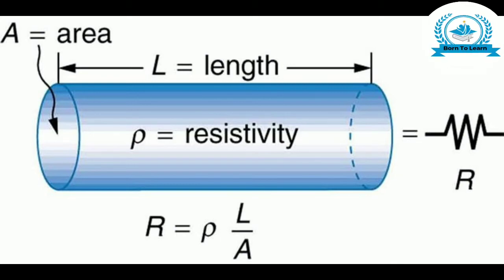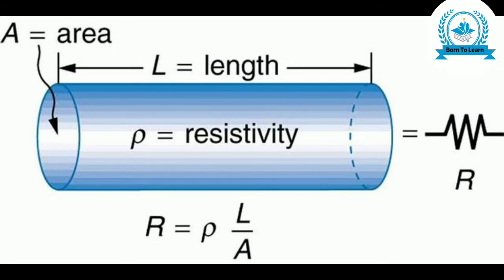Please note that a good conductor of electricity should have a low resistivity and a poor conductor of electricity will have a high resistivity. From the above table, we find that of all the metals, silver has the lowest resistivity of 1.60 into 10 to the power of minus 8 ohm meter.